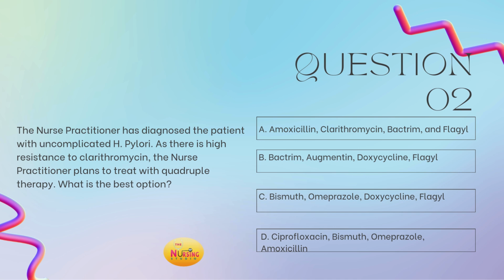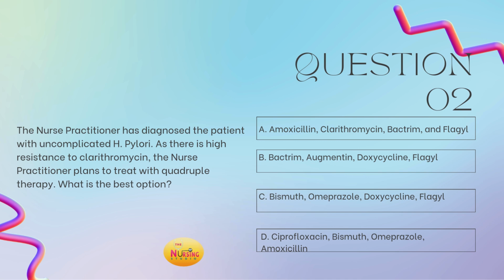So it's uncomplicated, so of course we'll do symptomatic management, and they are telling us here that you want to provide quadruple therapy. So we know we're going to utilize antibiotic quadruple therapy, but there's a key here that lets you know there's a high resistance to clarithromycin, and this is truthfully one of the determining factors of why we go triple therapy versus quadruple therapy, right?